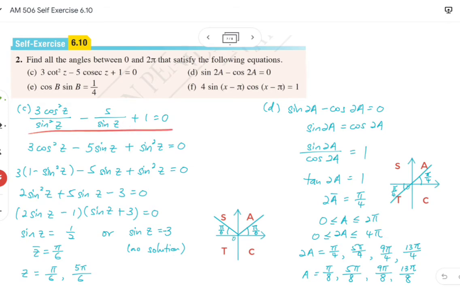So we get this equation. And then to get the same denominator of sine square z, we multiply every term by sine square z. So we have 3 cosine square of z minus 5 sine z plus sine square of z equals 0.